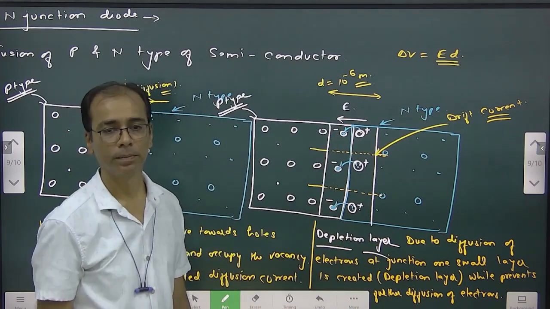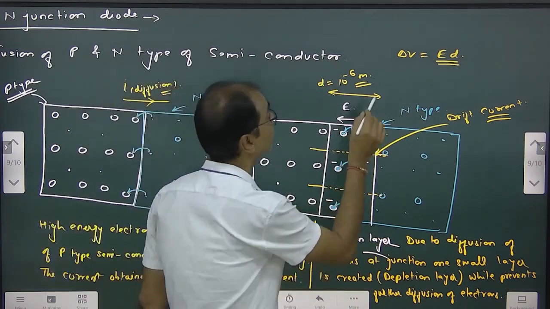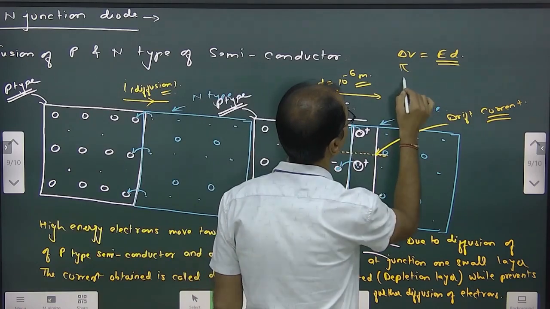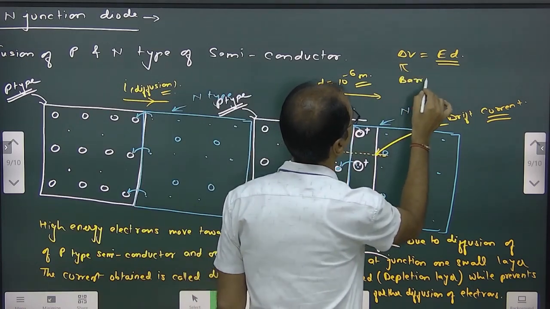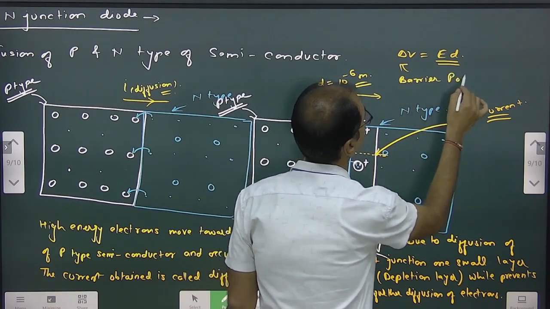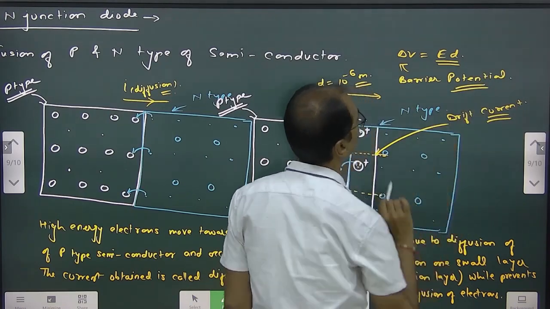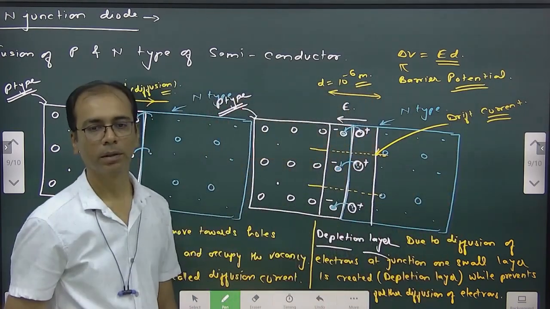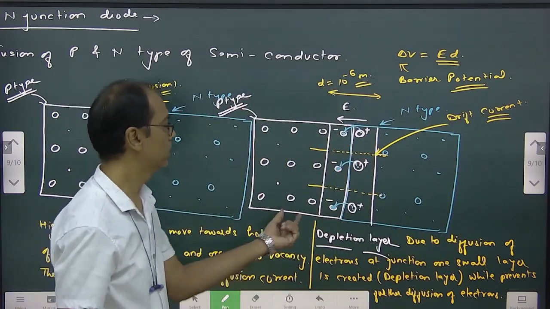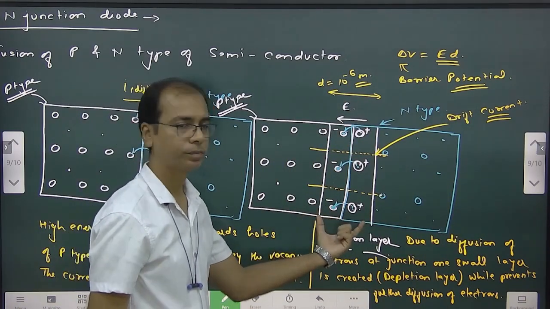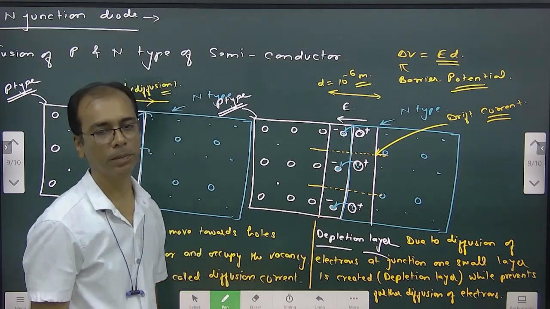That is delta V. And this delta V, the potential difference, is called the barrier potential. This is called barrier potential. There is a potential difference between these two ends of the depletion layer.